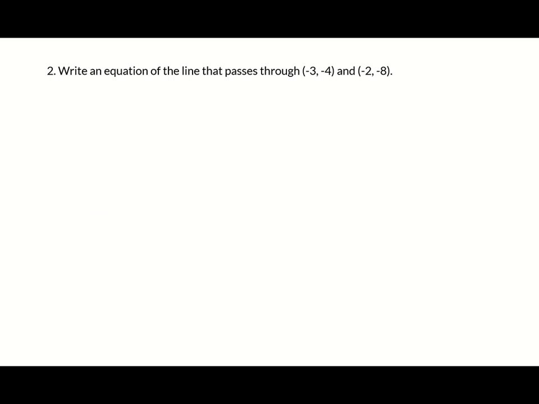Number 2 says, write an equation of the line that passes through (-3, -4) and (-2, -8). The difference between this one and the first problem that we did is they don't give you the slope. So you're going to have to find that first before anything else. So slope we know is y2 minus y1 over x2 minus x1. So this is given that this is x1, y1, and x2, y2.